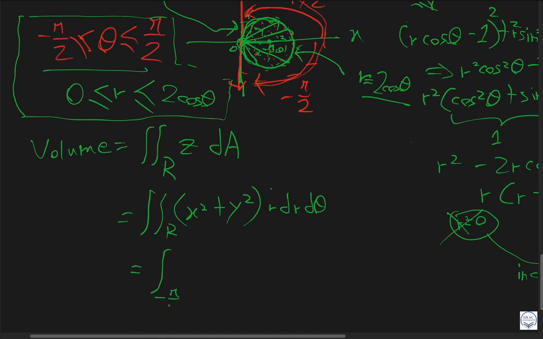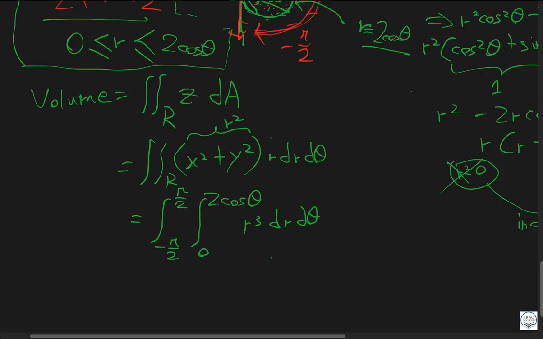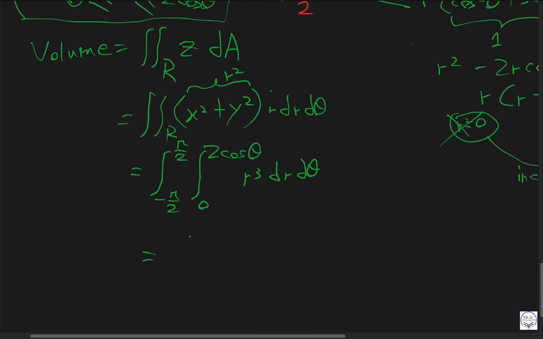Theta varies from minus pi by 2 to plus pi by 2, and r varies from 0 to 2 cos theta, and the integrand is just r squared. We have done this before, so it's r squared times r, which is r cubed, dr d theta. Since we will have r to the power 4 divided by 4, we do the r integration now.